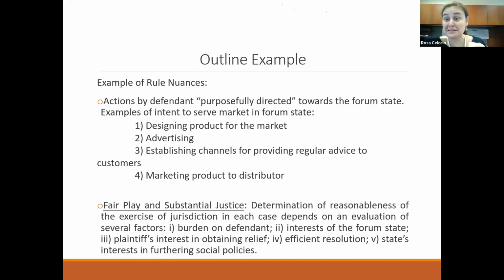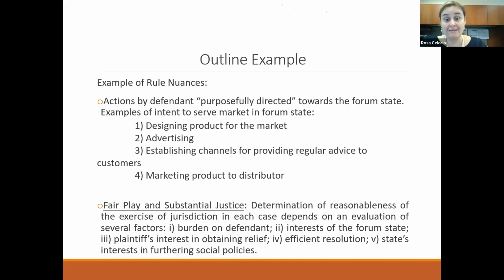And remember the policy issue, the fair play and substantial justice and the reasonableness standard or the foreseeability standard in this particular case, and the factors that the court uses to determine whether it was reasonable to exercise jurisdiction or not. The burden on the defendant, the interest of the forum state, the plaintiff's interest in obtaining relief, efficient resolution, or the state's interest in furthering social policy.